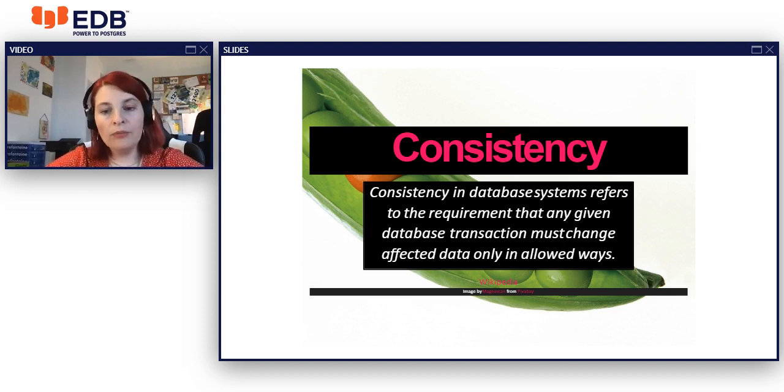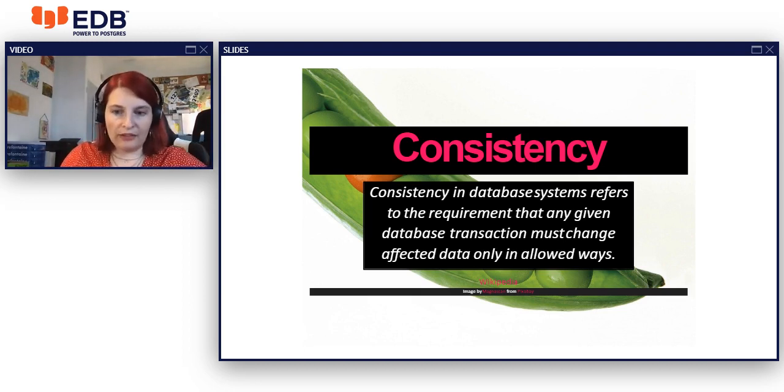For example, if you want to store the number of items you have, having a negative number has no meaning. So you could enforce a rule, called a constraint, that says you can't have negative data in that column because it would have no meaning at all. That's an example of a constraint.